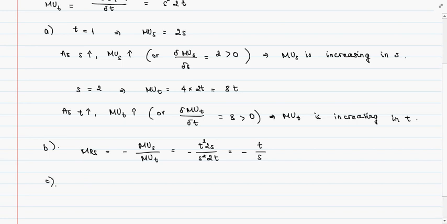Part C, confirm that the indifference curve associated with utility level 1 passes through the bundle 1 and 1, and that at that point the marginal rate of substitution is equal to -1.